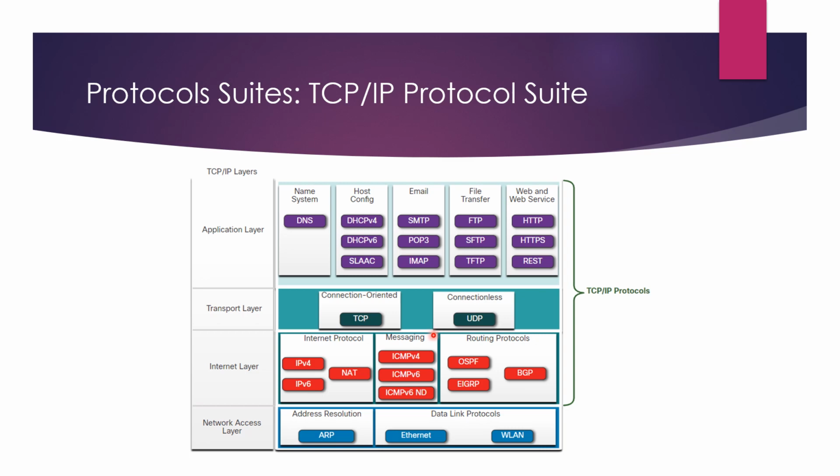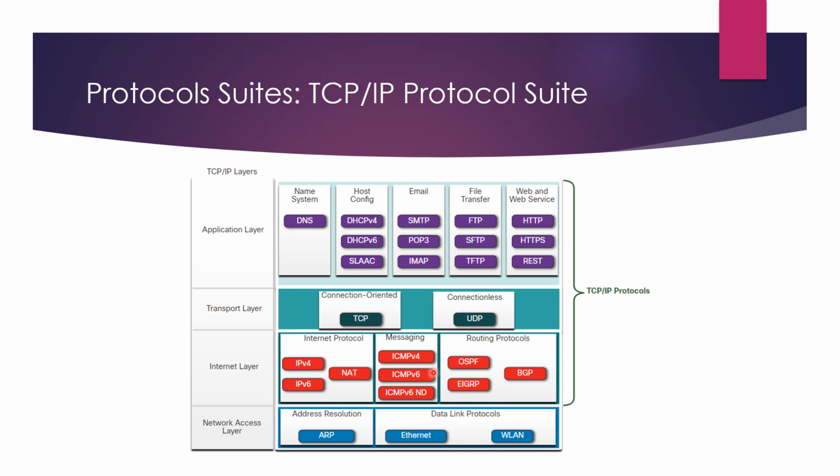We will have even the protocols for messaging, the Internet Control Message Protocol for IPv4, which provides feedback from a destination host to a source host about errors in packet delivery.